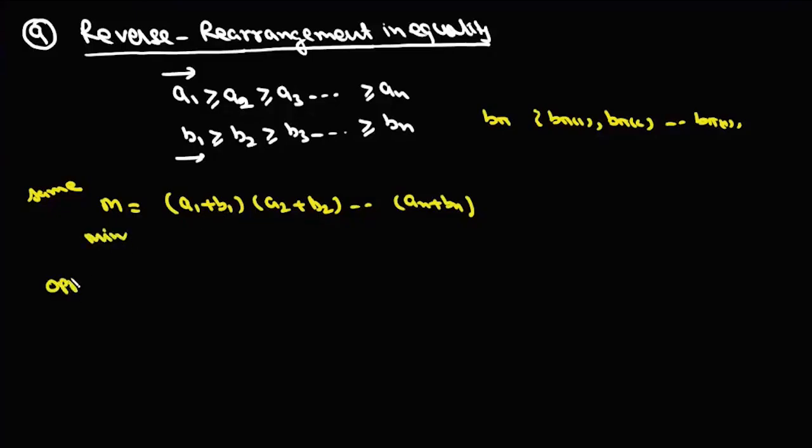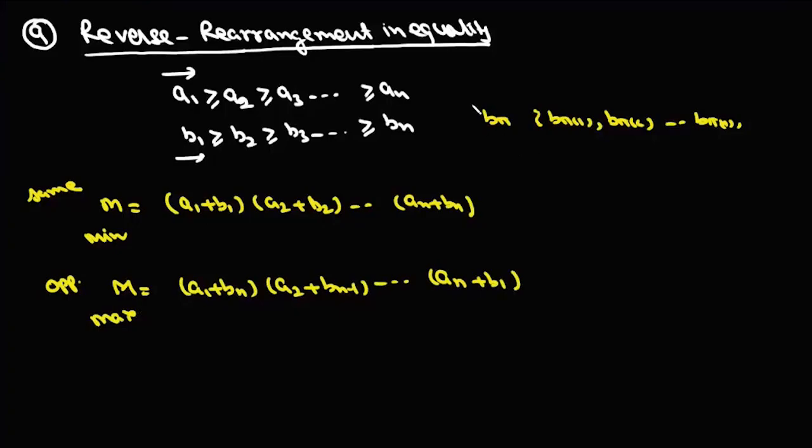And if we multiply them in the opposite order, then we have capital M and will be this (A1 plus Bn) (A2 plus Bn minus 1) up to (An plus B1). And in this case, product of this sum is maximum.